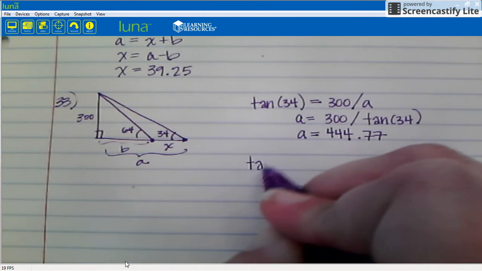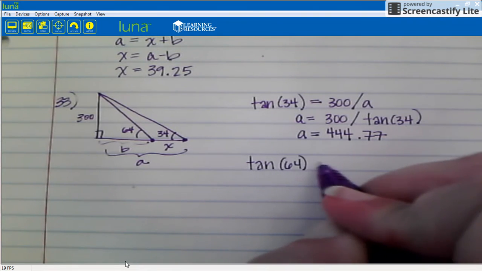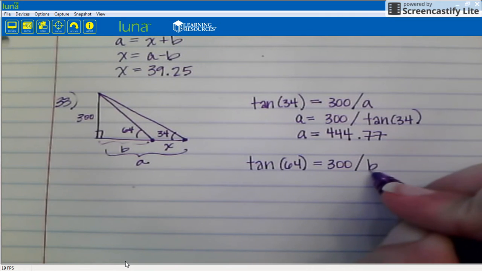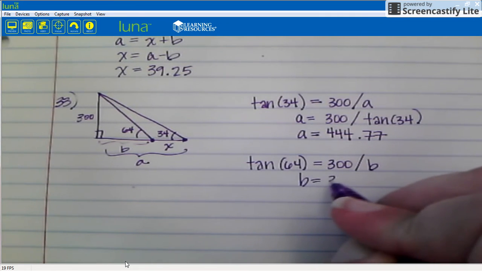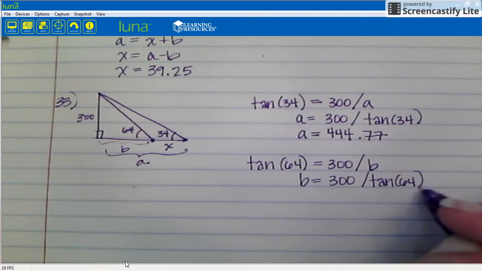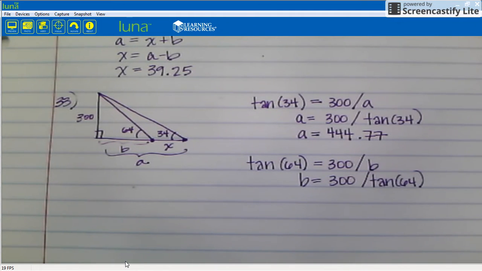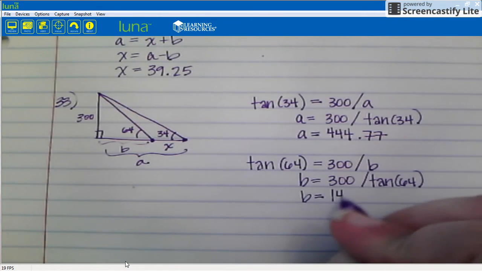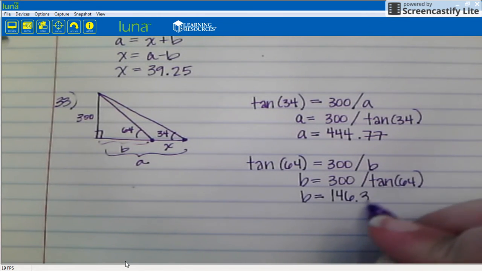And the tangent of 64 is equal to 300 divided by B. So B is equal to 300 divided by the tangent of 64. And this gives me B is approximately equal to 146.32.